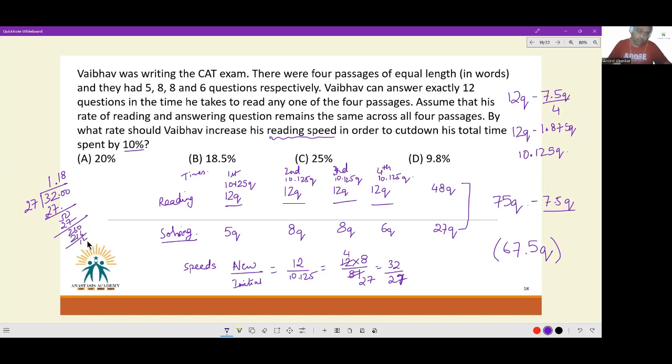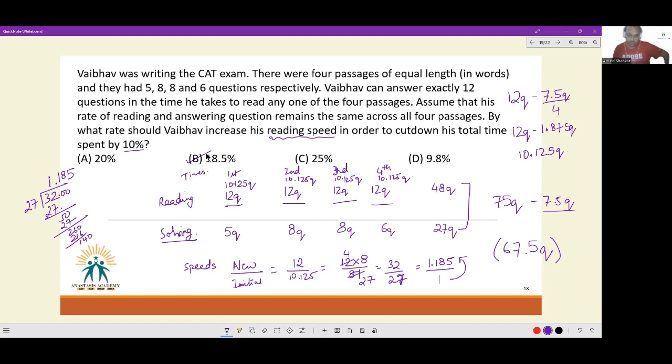Ratio of new speed to initial speed is 1.185. The initial speed, if I consider it to be 1, the ratio is 1.185 to 1. So what is the percentage increase? Clearly the percentage increase is 18.5%.